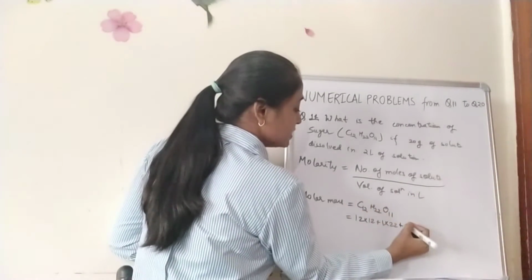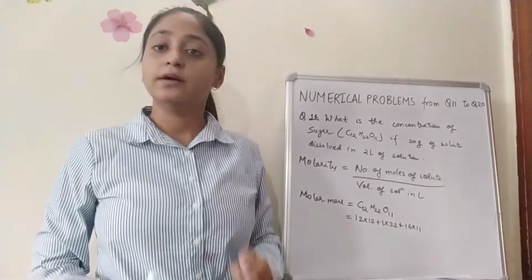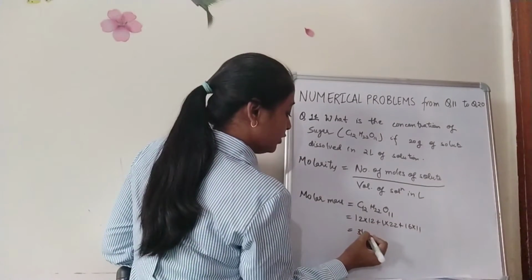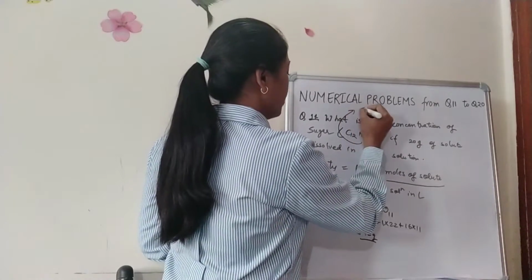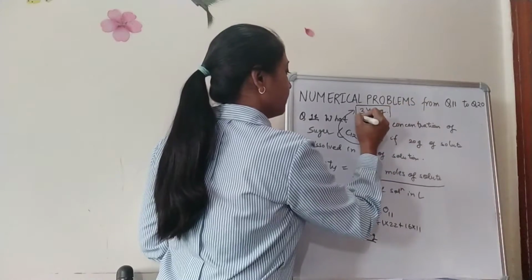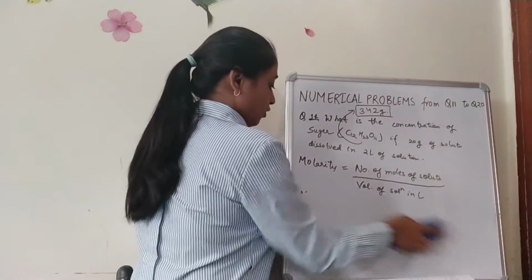For oxygen, 16 into 11. Atomic mass of oxygen is 16 here, right? So calculating this, we will get 342 gram. So the molar mass of C12H22O11 is 342 gram, right?